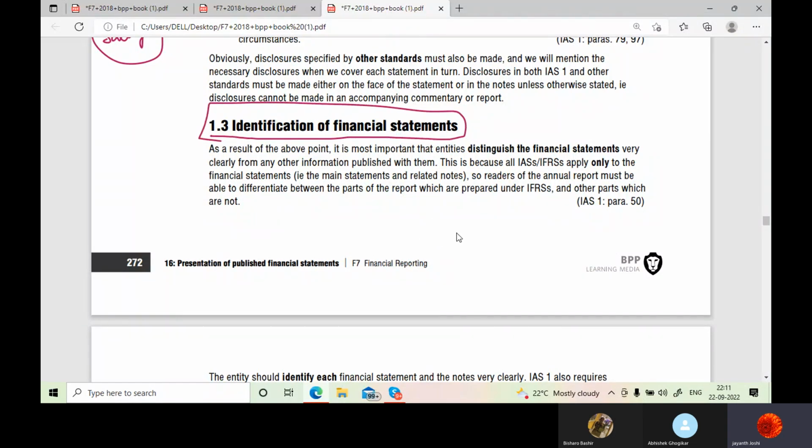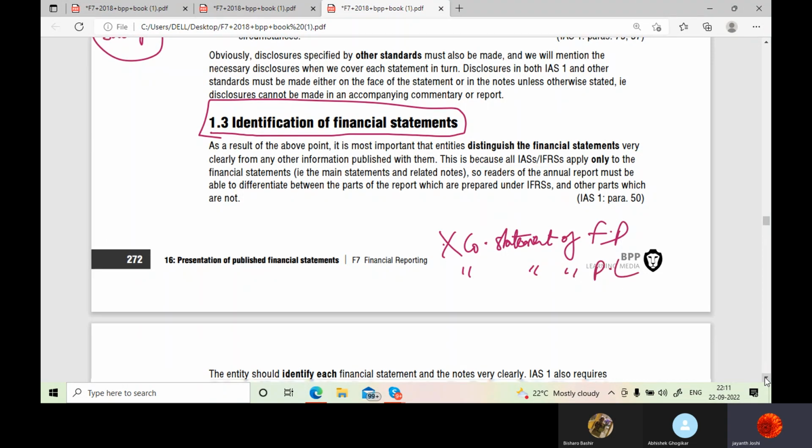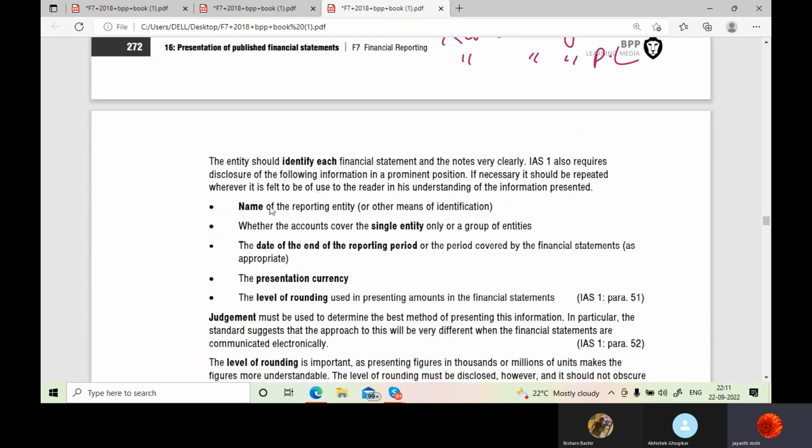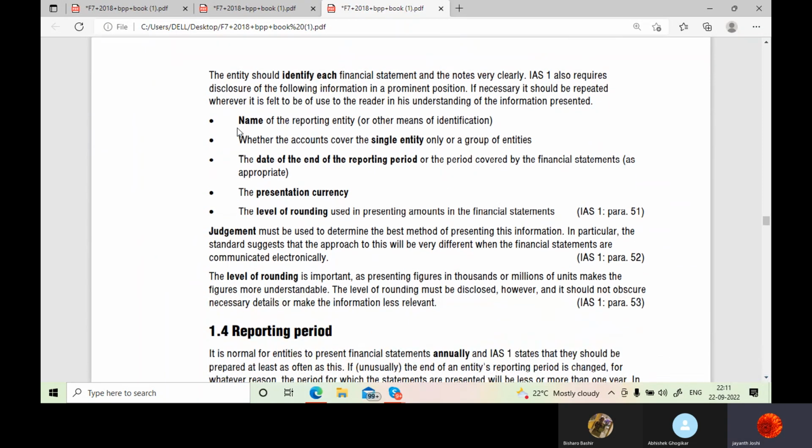Of course, it will have the company's name above the statement, like X company statement of financial position or S company statement of profit or loss. So you'll be seeing the name of the reporting entity. If it's a single entity, X company will be shown.